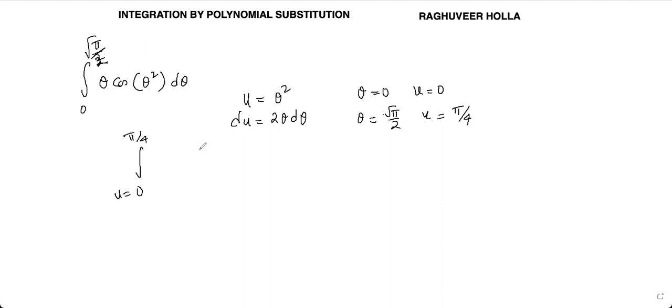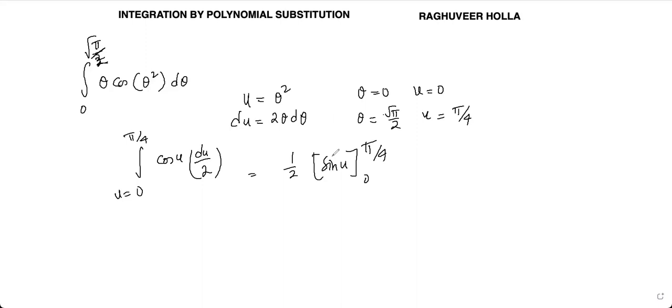This is cos u into du by 2. Okay, so this is 1 by 2, integral of cos u is sin u, 0 to pi by 4.